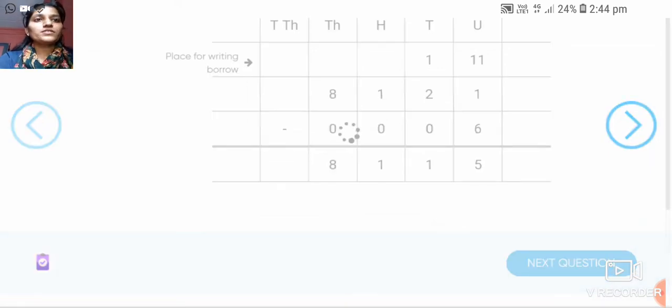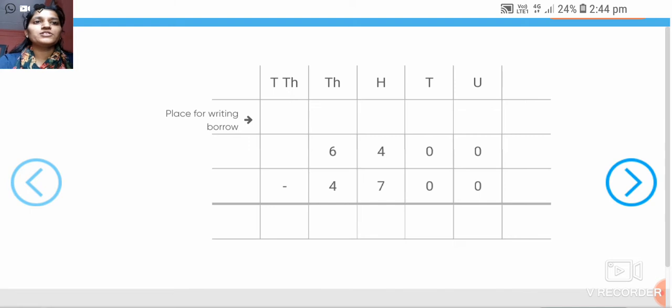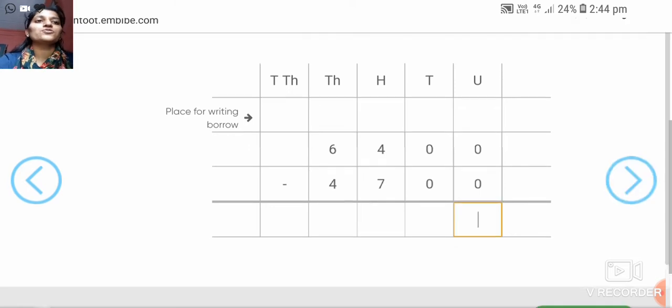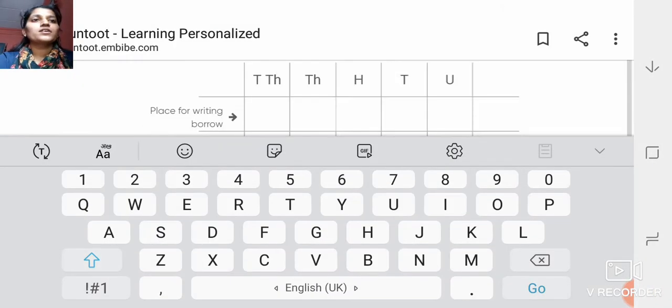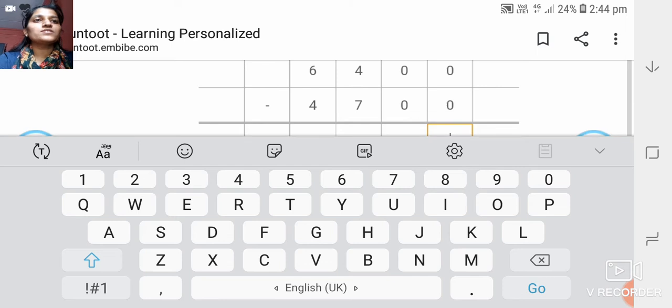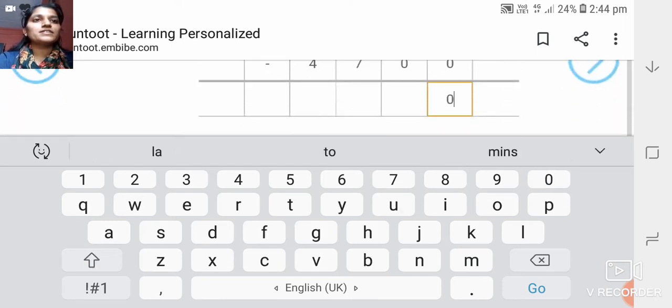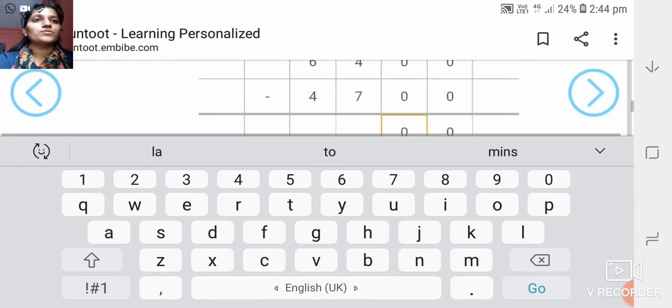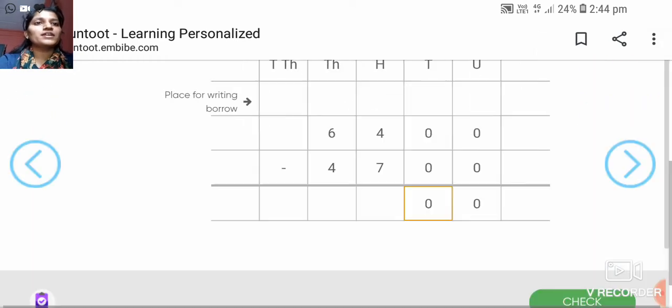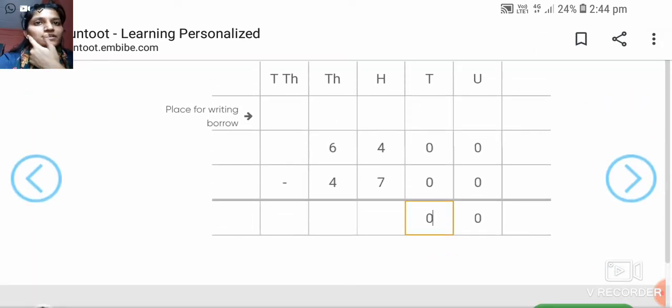Okay, so students, we will solve one more question, and then the other questions you can solve. Now in the ones place we have 0 minus 0, 0. Tens place 0 minus 0, 0. Now here students, in the hundreds place we can see that 4 minus 7. That means we cannot subtract 7 from 4.